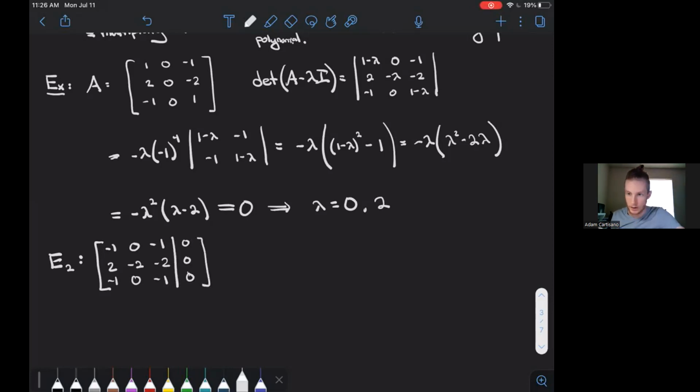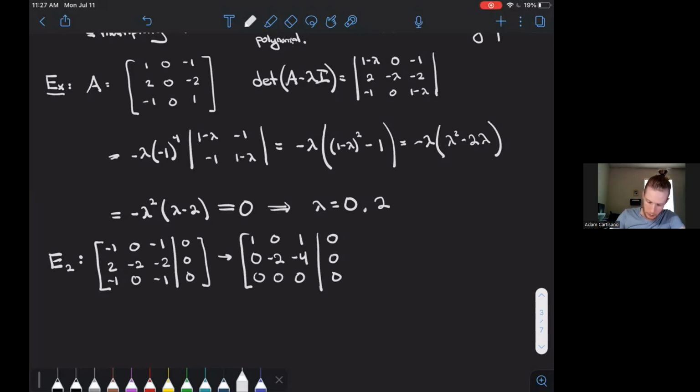Row reduction in this case is super easy. We have negative 1, positive 1, 0, positive 1. I'll just do it in 2 steps. Negative 2, negative 4, 0, 0, 0. I guess this is just going to be 1, 2.